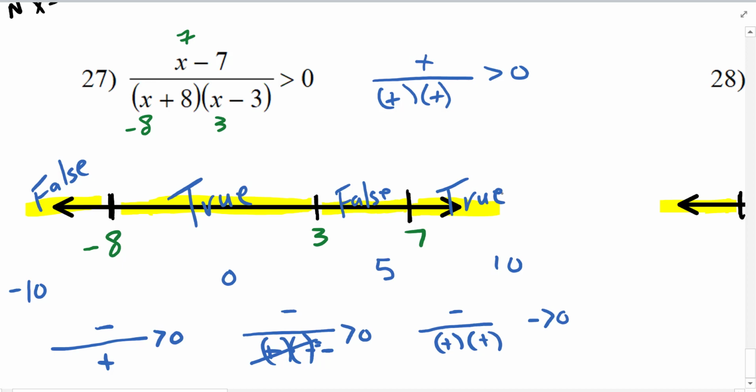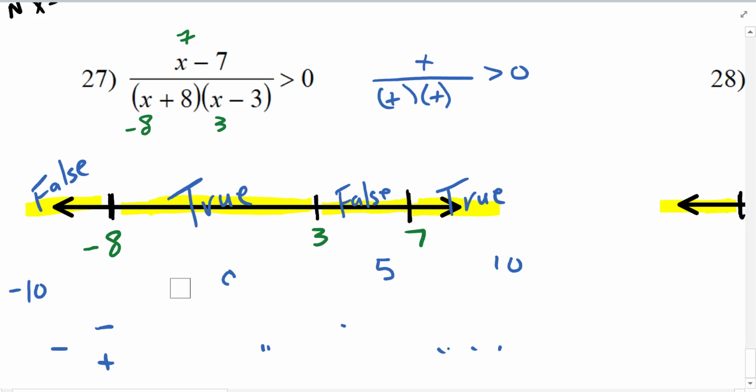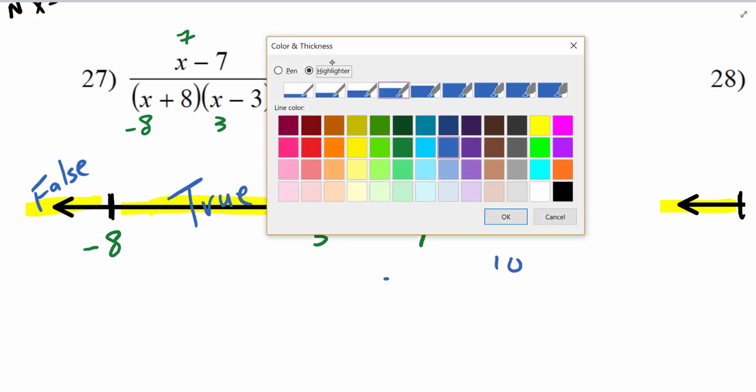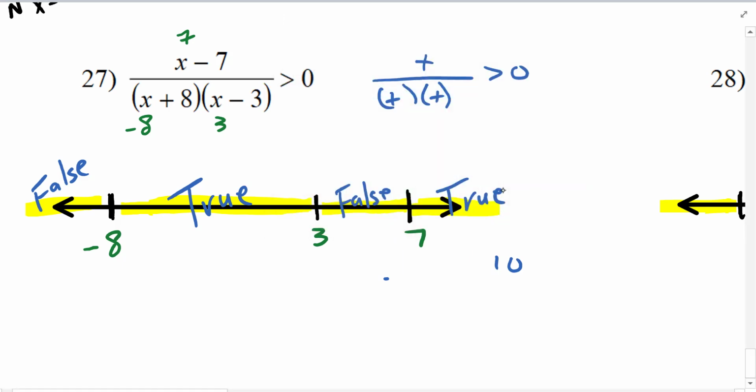So for this domain, erase all this stuff now. And so take note, that's just a greater than symbol. Right there, right?